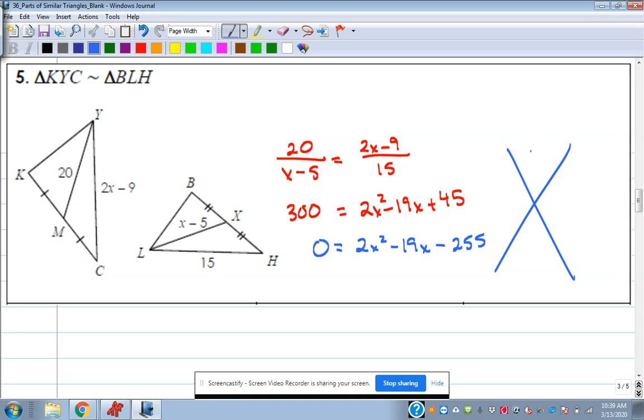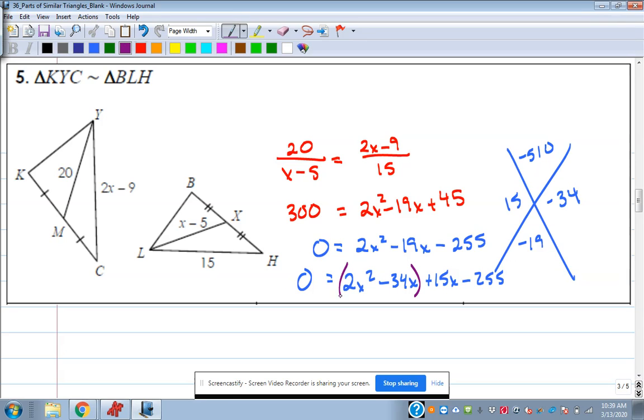Right. 2 times negative 255 would be negative 510. 15 and negative how much? 34. Good job. 2x squared minus 34x plus 15x minus 255.